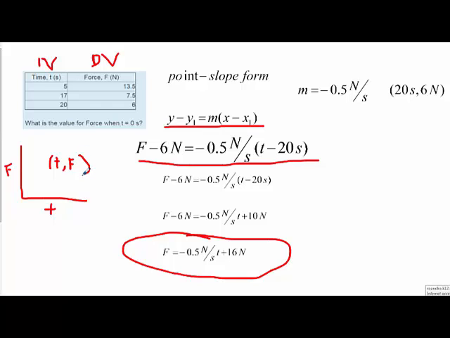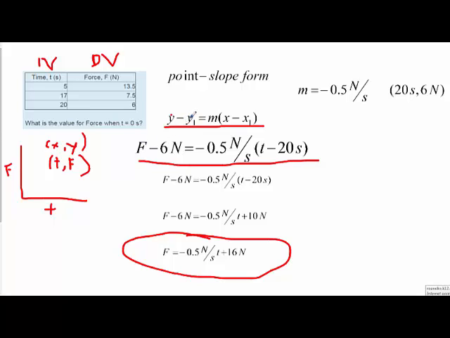But remember, this point-slope form is talking about a generic x, comma, y. So when you see this y here, what it really means, in terms of a more general thing, is that this should be the symbol that represents what is going on the vertical axis. So that's why the F is there.